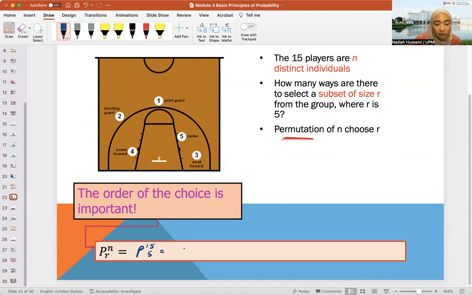What was it? n factorial over 15 minus 5 factorial. So now I expand it. This is a lot. I'm quite lazy.